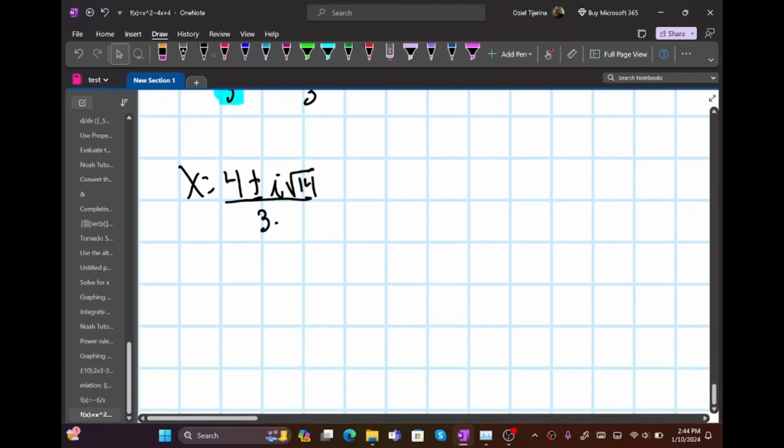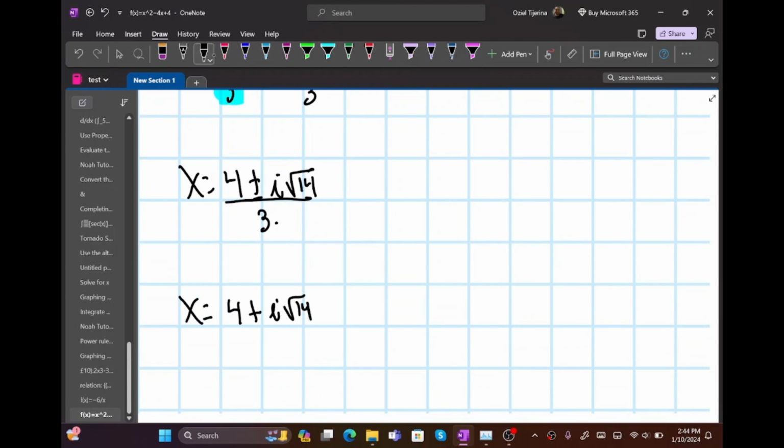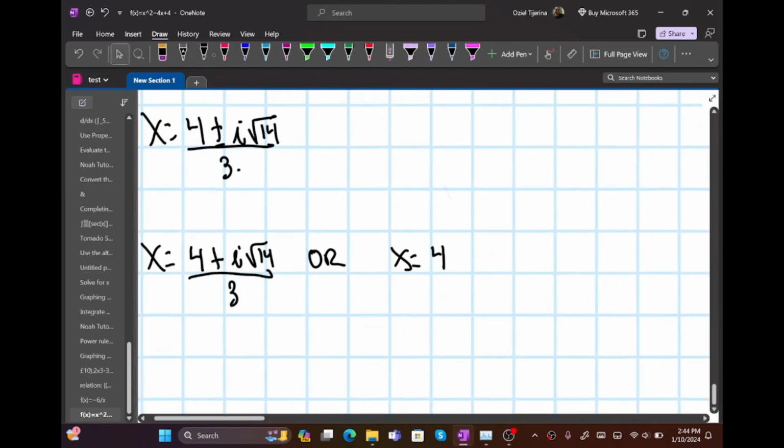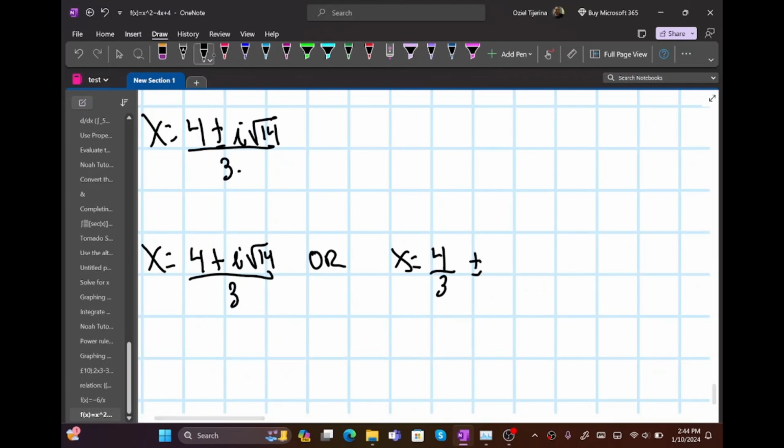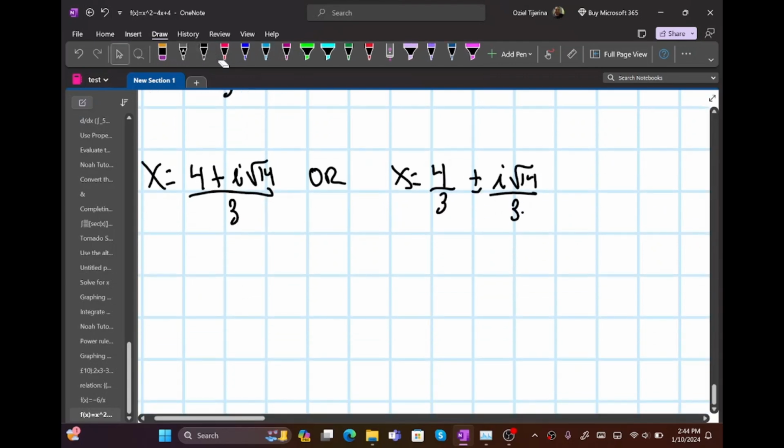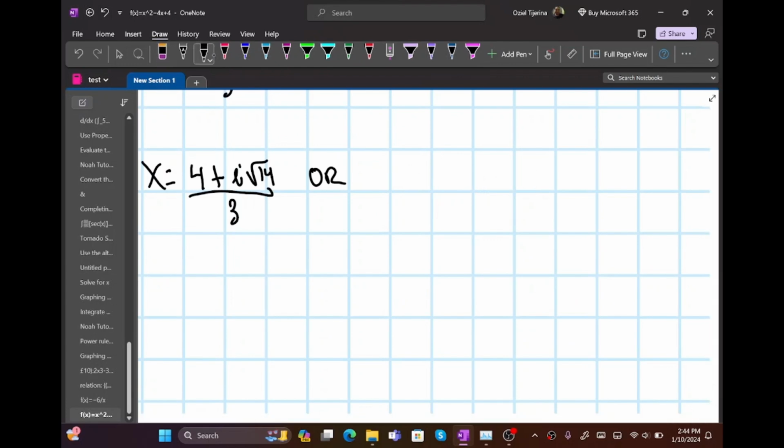If you want, you can say this a few ways. You can say it the following way: x equals 4/3 plus i square root of 14 all over 3, or x equals 4/3 minus i square root of 14 all over 3.